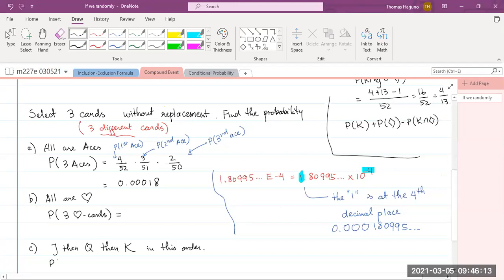So that's the probability of Jack, Queen, King. When you play poker, you basically deal with 5 cards with some variations. It's basically selecting 5 cards without replacement. Right now we do 3 cards first.